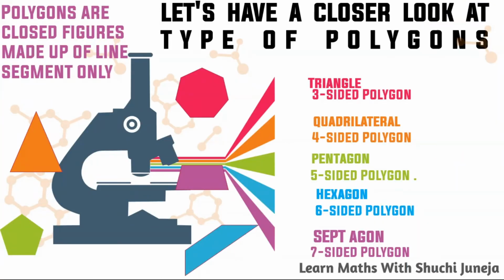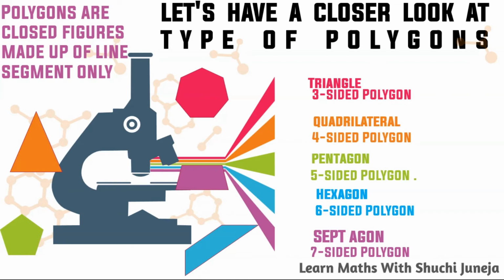Now let's swim deep into polygons and know more about the different types of polygons. But before I begin, let me remind you, polygons are closed curves which are made up of line segments only. So let's begin with a curve which has got three sides. It is known as a triangle, followed by a four-sided polygon, that is quadrilateral, then five-sided pentagon, six-sided hexagon, and seven-sided septagon.